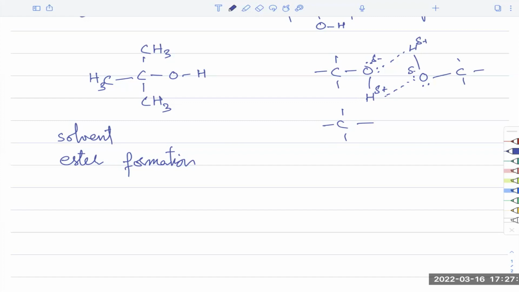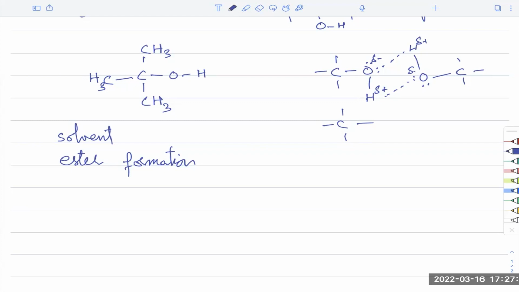Again, we have already talked about how the boiling points and melting points are higher than other things of the same or comparable Mr. And the reason is again, because of hydrogen bonds. So you need more energy to break them. Same for solubility. Alcohols like methanol or ethanol are highly soluble because they are able to form these hydrogen bonds with water. But hexanol, for example, is only slightly soluble.